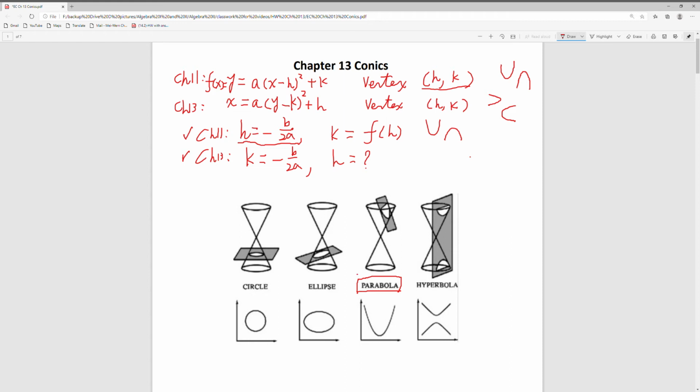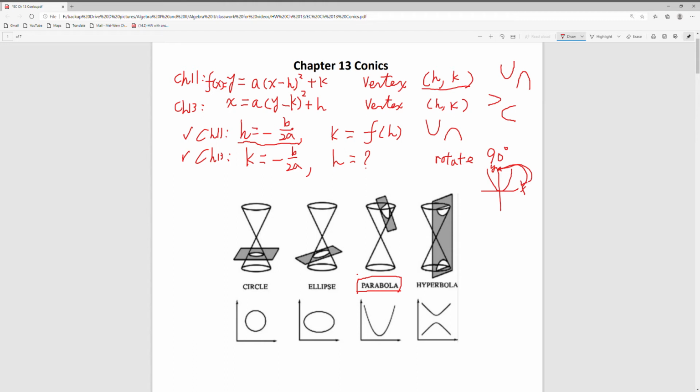We rotate the graph 90 degrees. So when we rotate the graph 90 degrees, the x-axis goes to the y-axis, and the y-axis becomes the x-axis.